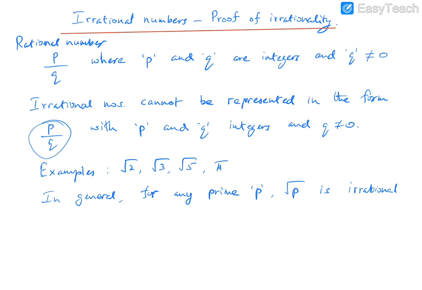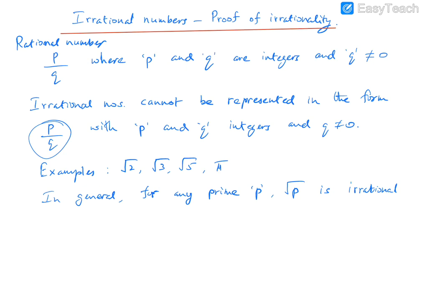And then we will see that by assuming that it is rational and taking the idea forward, some basic property will be contradicted. And because of that contradiction, we will say that our initial assumption that the number was rational is incorrect. So we will conclude that the number is in fact not rational, and therefore it is irrational. That is what is called the method of contradiction.